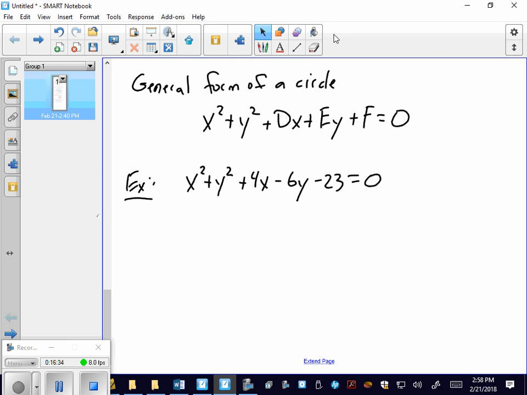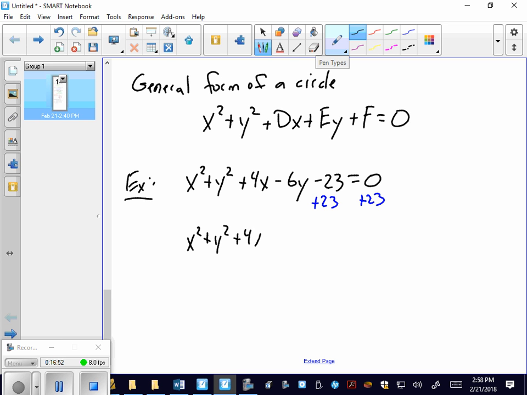So the first thing we do is we always take the constant and add it to the right-hand side so that we're going to get an actual radius on the right-hand side. So we'll add 23 on both sides of this, and we'll get x squared plus y squared plus 4x minus 6y equals 23.